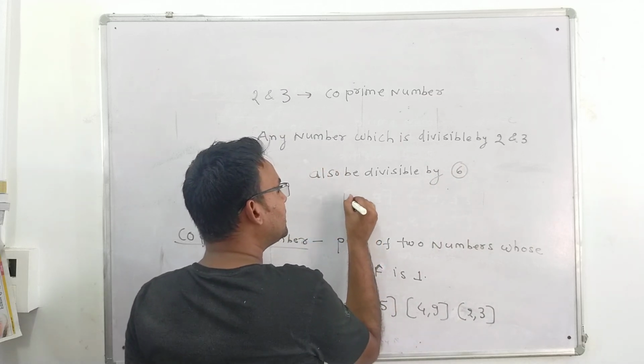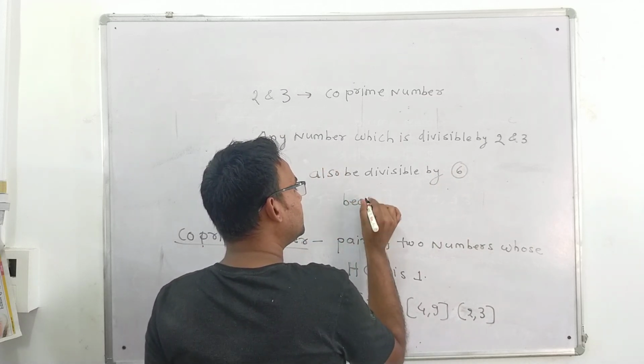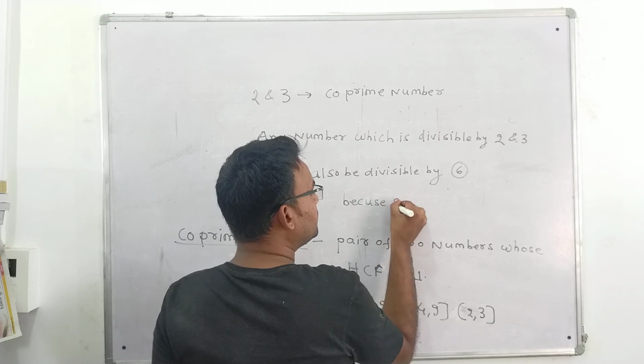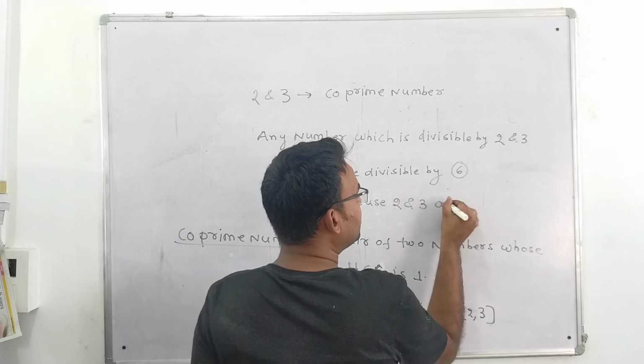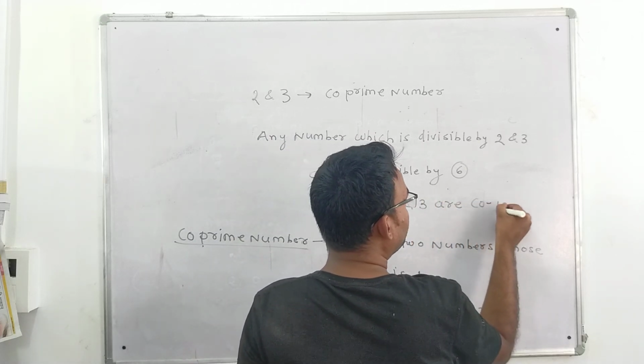Why? Because 2 and 3 are co-prime numbers.